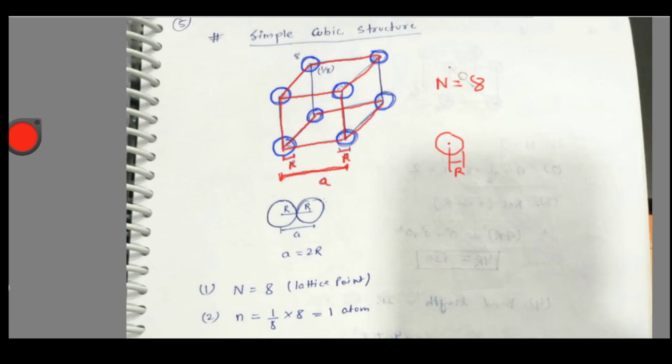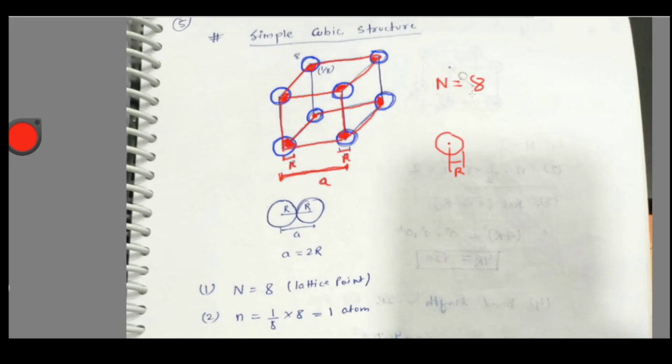Okay, and 1/8 of the atom is present inside the cube. Only this part of one atom is present inside the cube.